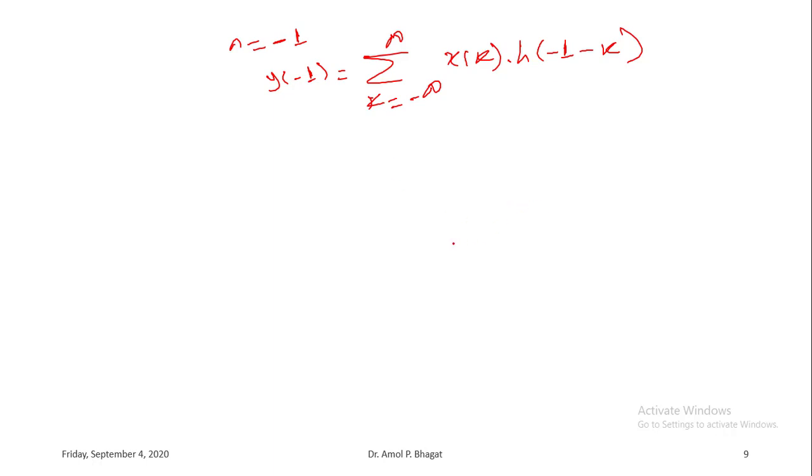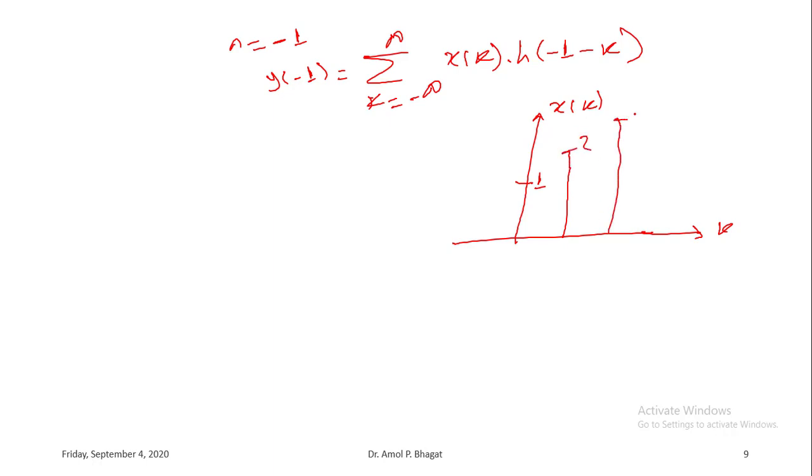But for your convenience purpose I will draw these both sequences here. So x of k, it is 1 2 3 1. Okay, so this is your x of k, so 0 1 2 3 4 -1 and so on.